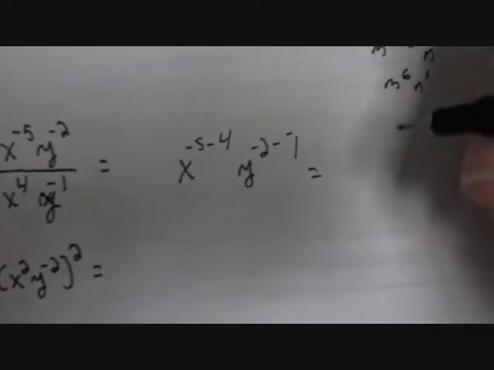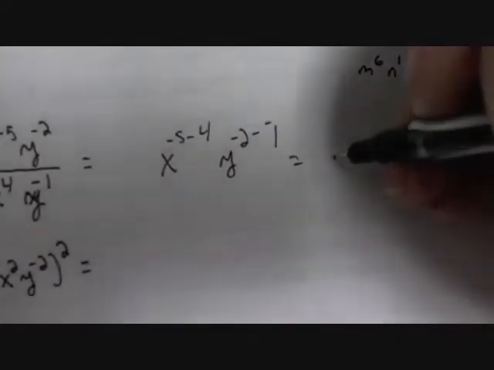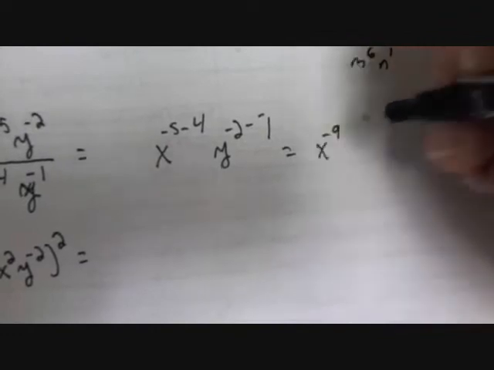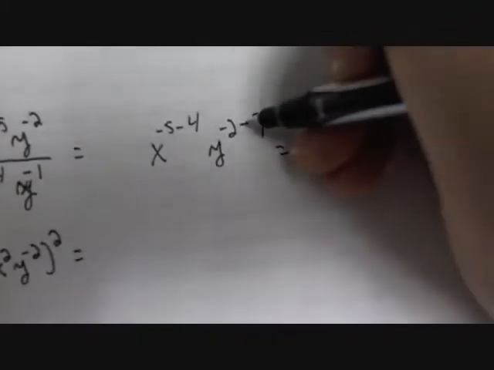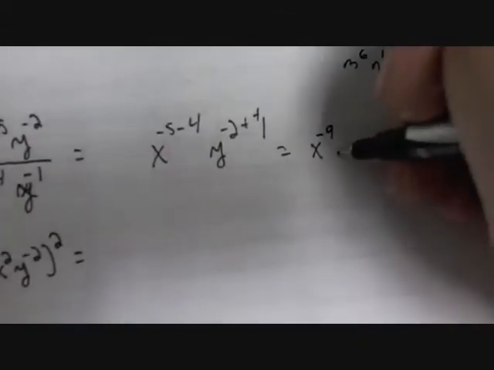So we simplify, and we have negative 5 minus 4 is negative 9. Negative 2 minus negative 1, same thing as adding, saying plus 1. So it's y to negative 1. So you reduce that, simplify it, it's 1 over x to the ninth times y.